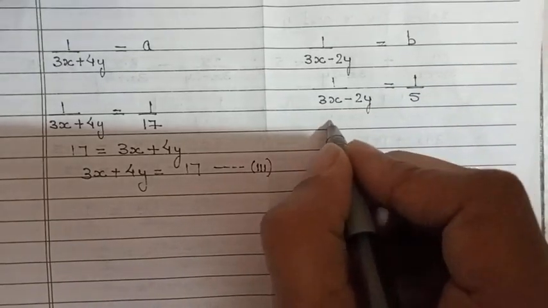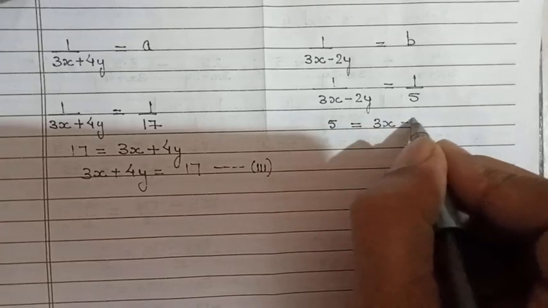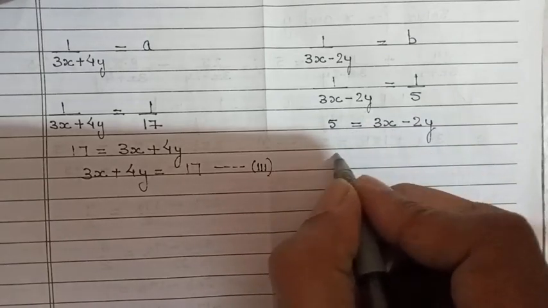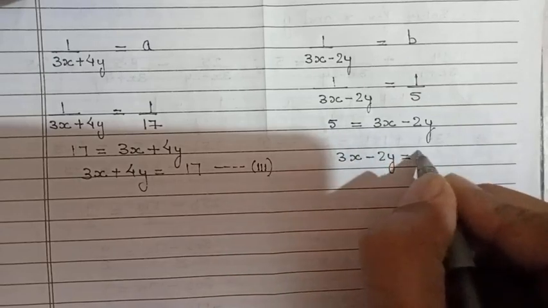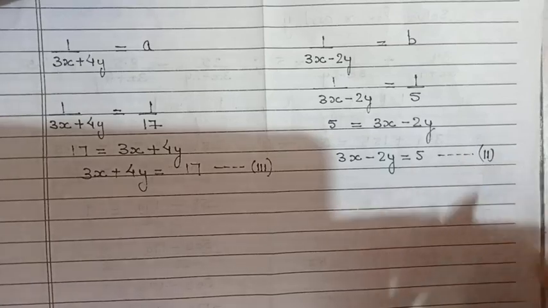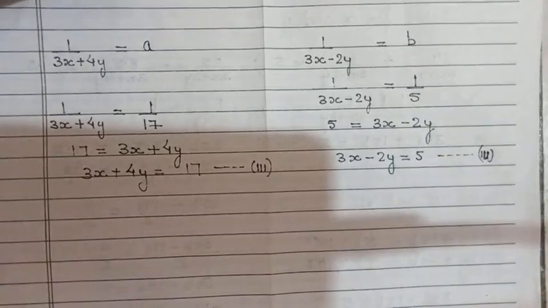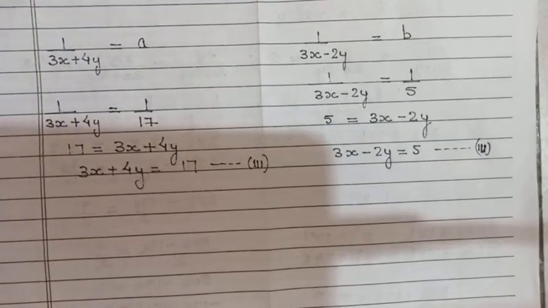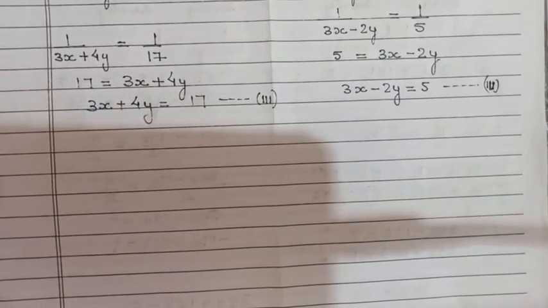On doing the cross multiplication, you are getting another equation in terms of x and y. So the equation is 3x minus 2y is equal to 5. This is our fourth equation. So here we have got two more equations, third and fourth. Now these two equations are in x and y, so we are going to solve these two equations.